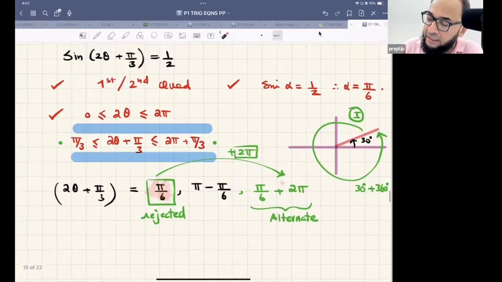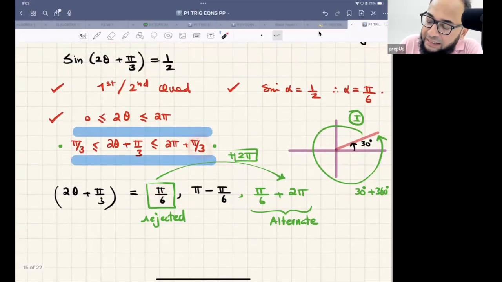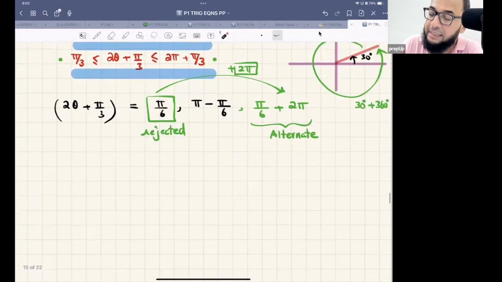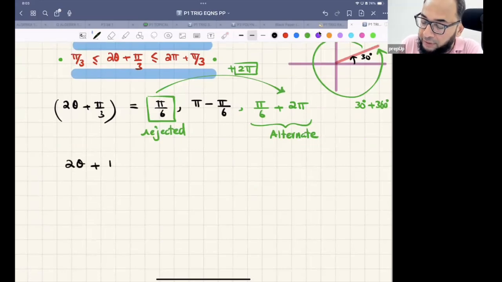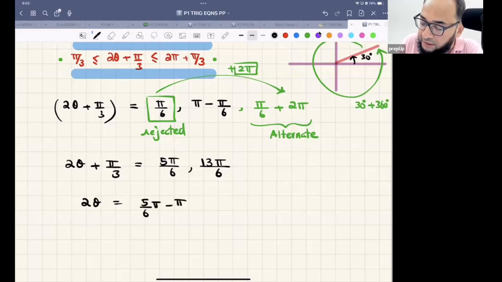I find the alternative. Because we are going 360 degrees more, this is just 30 degrees more because of the basic angle. So therefore the alternate is this. Now work it out. So now I'll write 2 theta plus pi by 3 is equal to 5 pi by 6. And this is 6 into 2 is 12, 12 plus 1 is 13, this is 13 pi by 6. 2 theta equals 5 pi by 6 minus pi by 3.